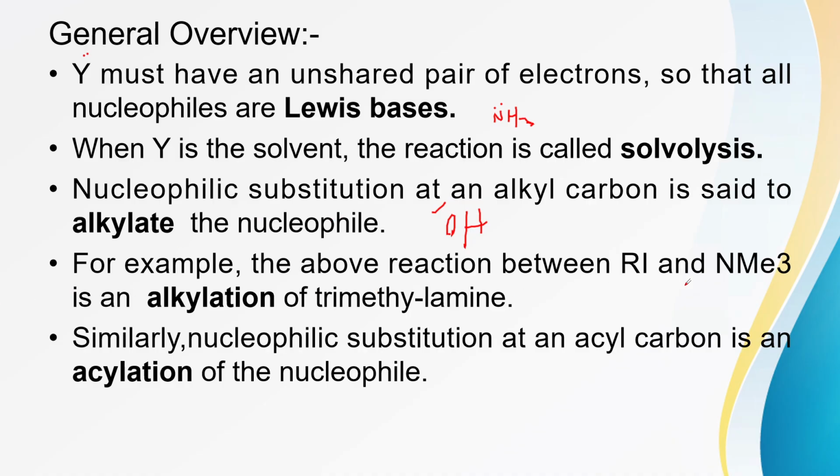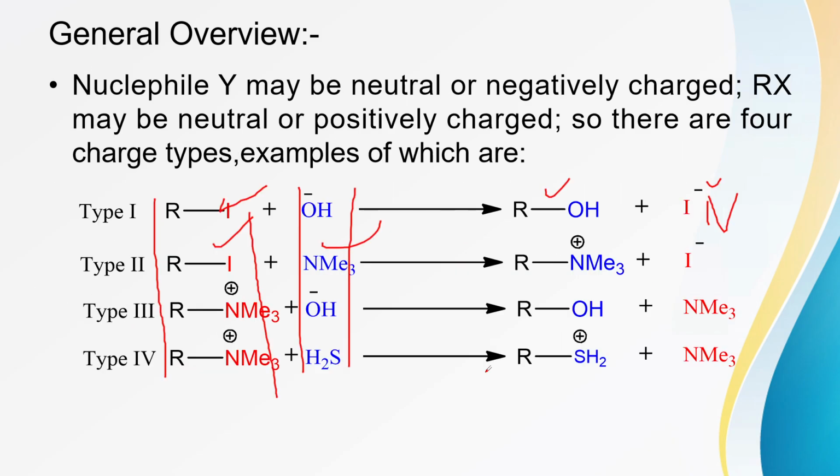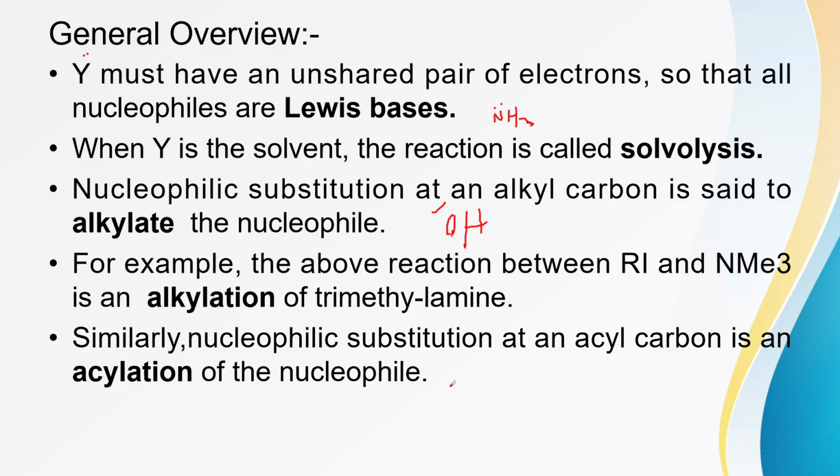For example, the reaction of RI and NMe3 is alkylation of trimethylamine. As from this reaction you can see that here also an alkyl group gets attached, and in the net result an alkyl group is added to our nucleophile, and we say that it is alkylation of our nucleophile. Similarly, an acyl group is carbon double bond oxygen.